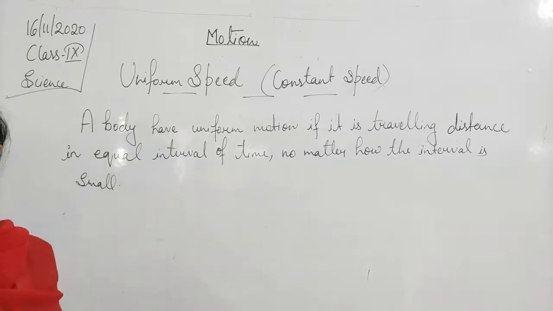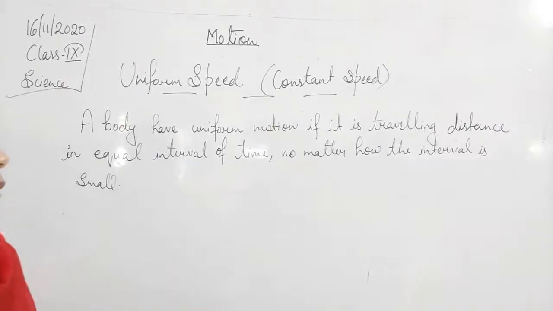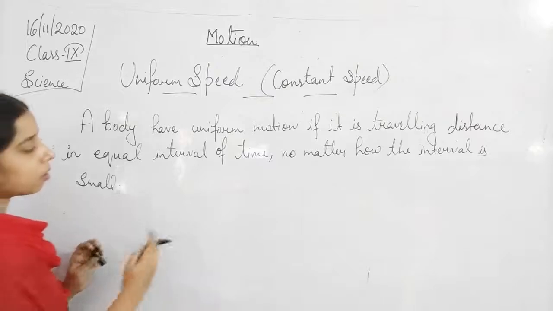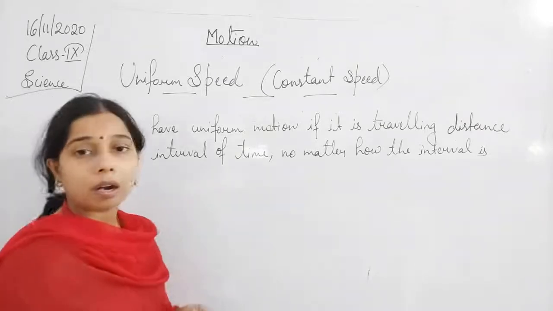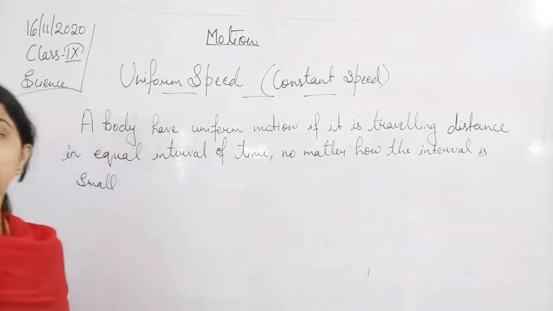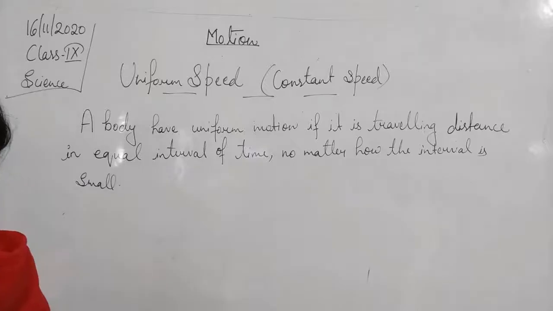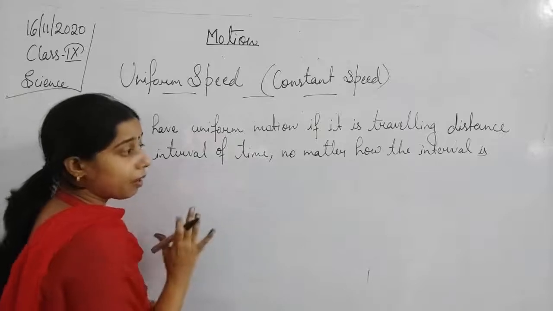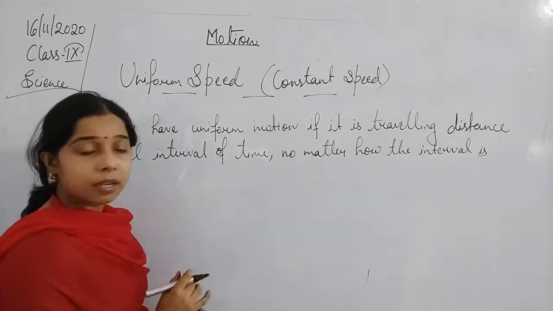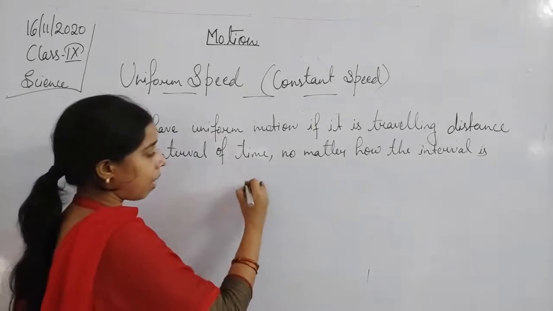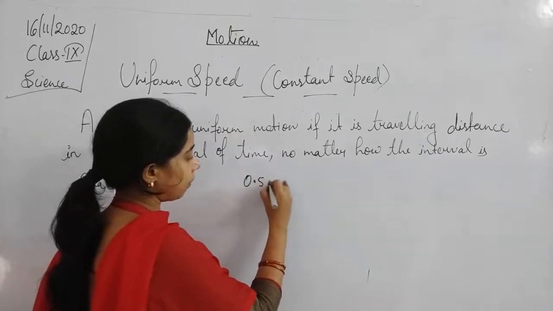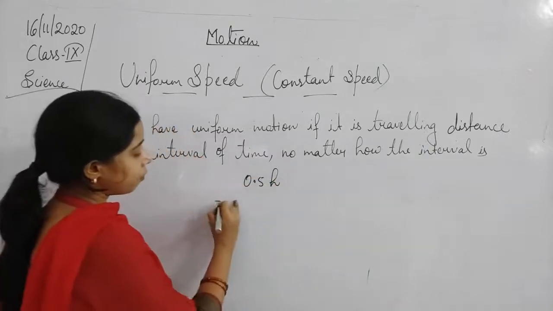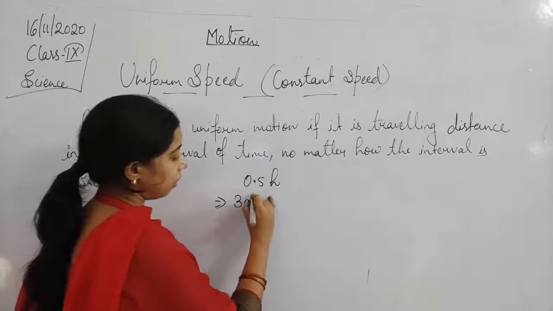So we can understand it. Now how can we say that the speed will be constant, students? Suppose a car is moving, and in every 0.5 hour, it is traveling a distance of 30 kilometer.